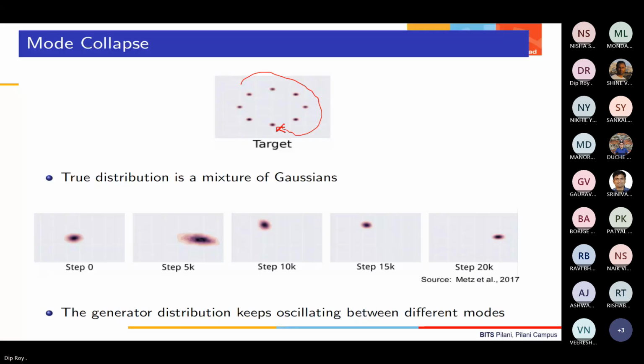Now, if the true distribution is a mixture of Gaussians, then obviously we want to learn the entire mixture of Gaussians, right? And we want to sample from all of them. And we want to generate data that reflects the diversity of the multimodal Gaussian, right? That's what we want to do. Now, in case of mode collapse, the GAN, or rather the generator, locks into one mode and keeps generating from that particular mode and ignores all the other modes.